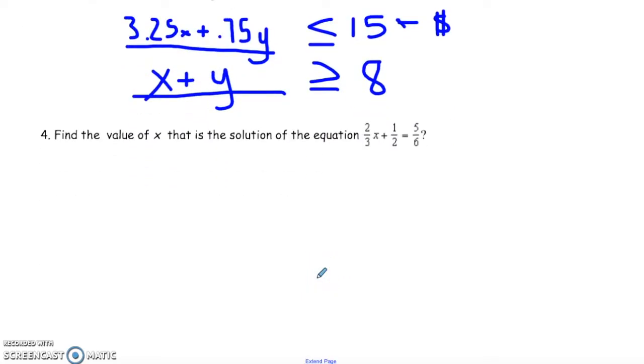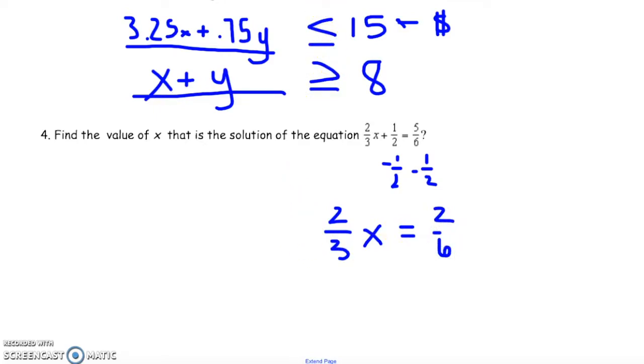All right, find the value of x that is a solution to the equation. You're going to first subtract over the 1/2. So now you have 2/3 x is equal to 5/6 minus 3/6, which is 2/6 or 1/3.